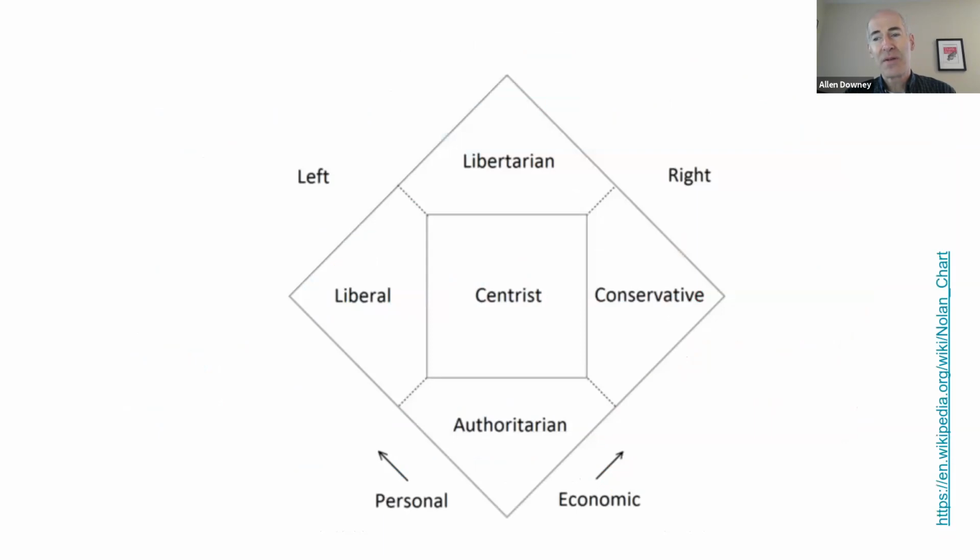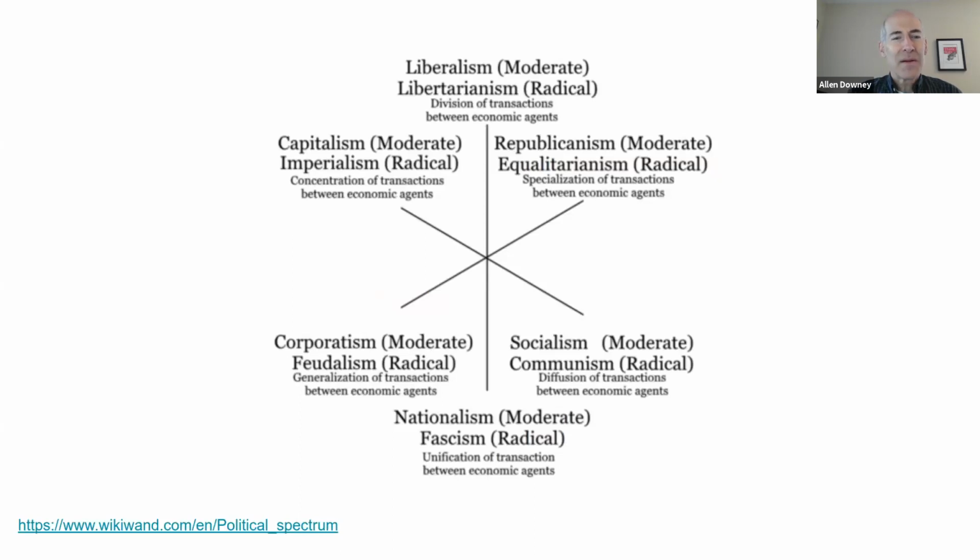There are other versions of this. This is a Nolan chart that's an attempt to map the high-dimensional space into just 2 dimensions. Here's a version that seems to be sort of 3-dimensional, although it's not clear that each axis has 2 symmetric endpoints.